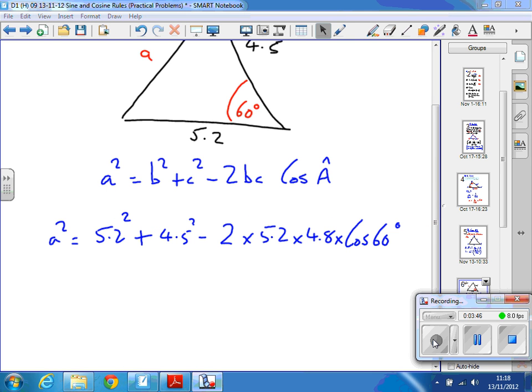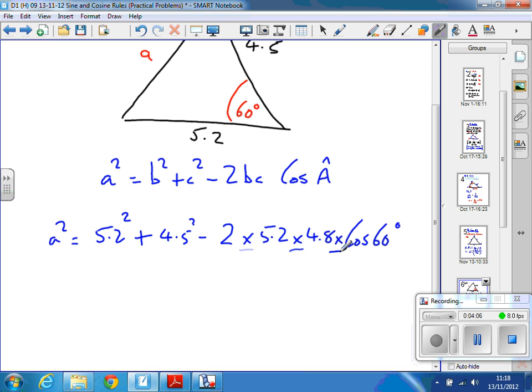Notice when we put the numbers in, if we look at this formula here, 2bc cos A, that means if there's no symbol, multiply 2 times b times c times the cosine of A. Once you put the numbers in, then you do put the multiplication symbol in. So 2 times 4.5 times 4.8.